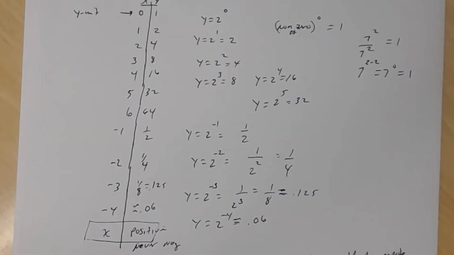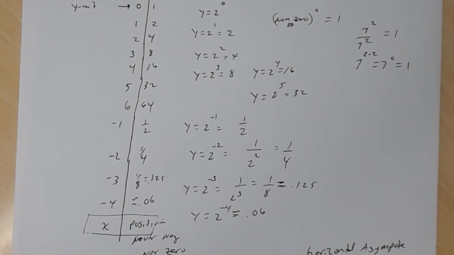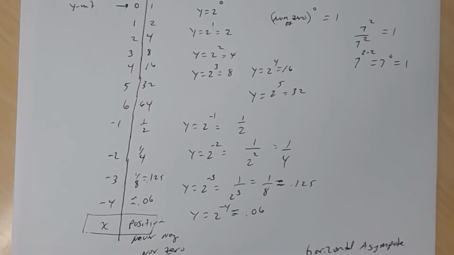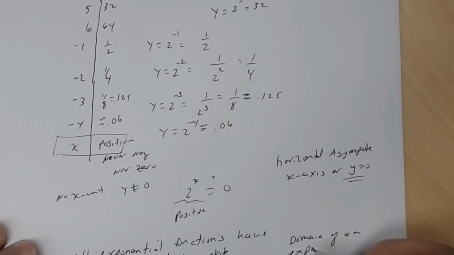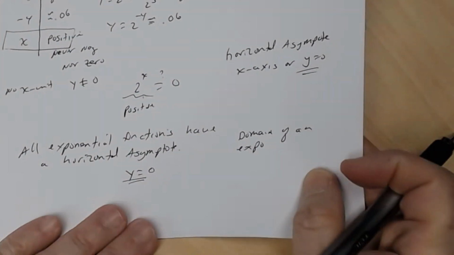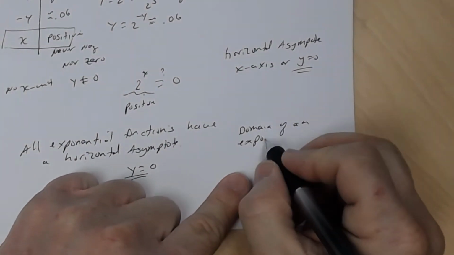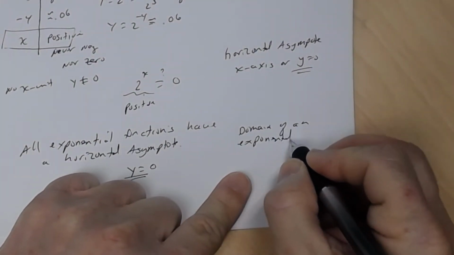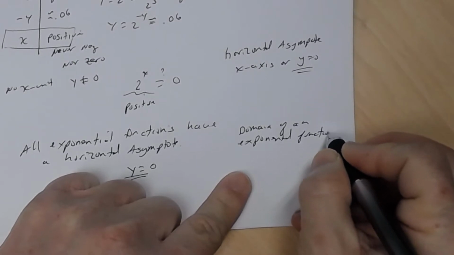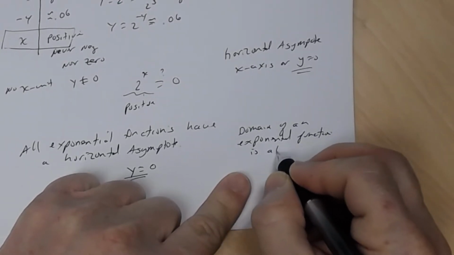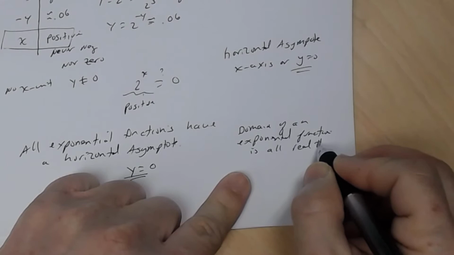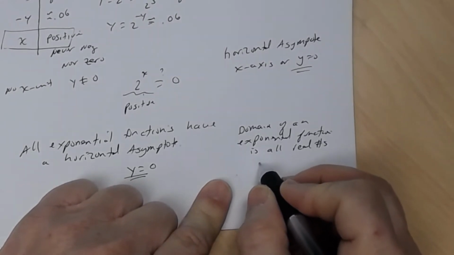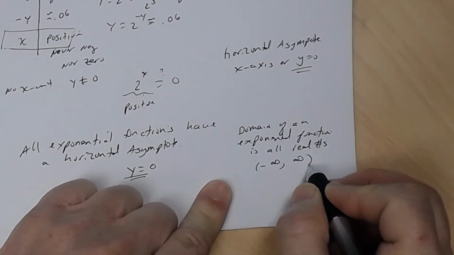So the domain of an exponential function is always going to be all real numbers. As an interval, that's negative infinity to infinity.